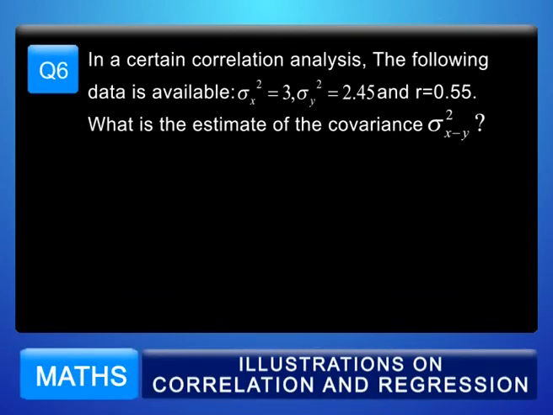Question number 6. In a certain correlation analysis, the following data is available. Variance of x is equal to 3, variance of y is 2.45, and the correlation coefficient R is equal to 0.55. What is the estimate of the covariance between x and y?